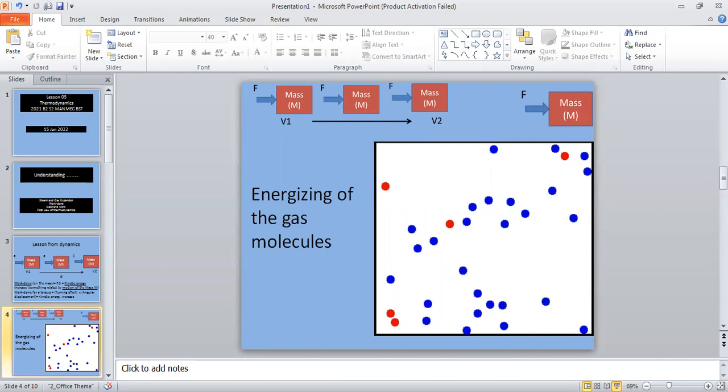But for the masses in mechanics, we directly call it kinetic energy, energy because of its motion. Here, the energy internal to this system we call internal energy. It's also a reflection of kinetic energy.